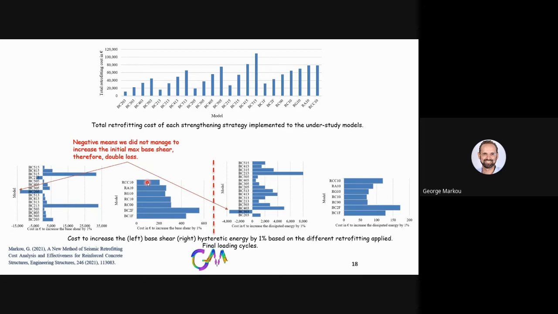And again, I remind you, these are results for the final cycles.